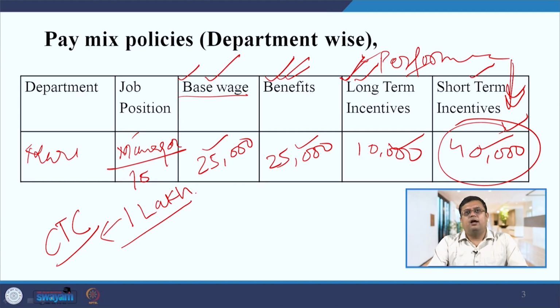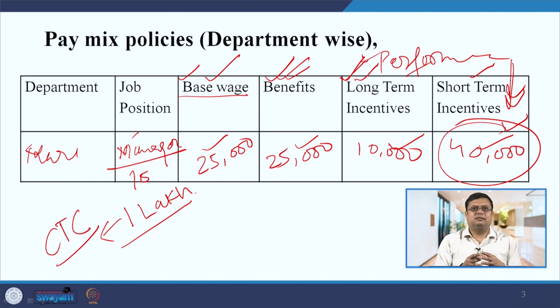Think about it, and then think what message you should give through your salary. Then you can say that it is strategic HRM, because you have aligned the organization's compensation strategy with the organizational strategy. I hope this pay mix policy analysis is clear to you.